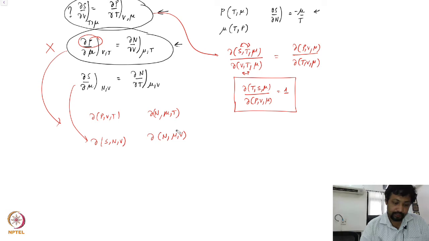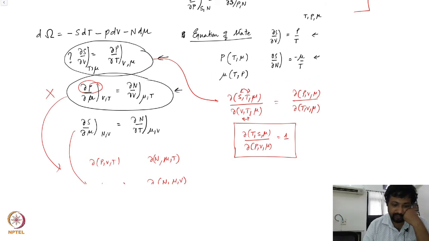I'm sorry, this is S and V, this is N μ V, but that means my Maxwell's relation, if I work it out here, is μ N V equal to ∂ of T μ V. But this and this do not match. So one has to see whether we have written it down carefully.